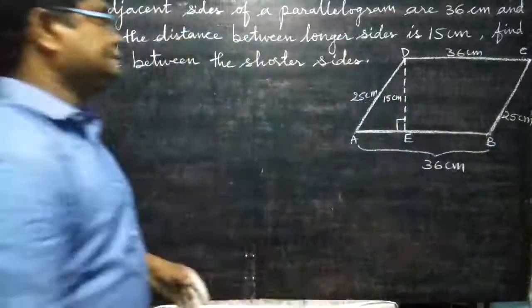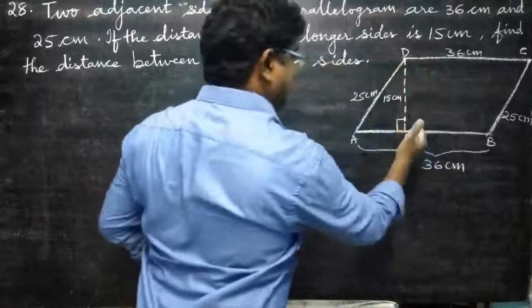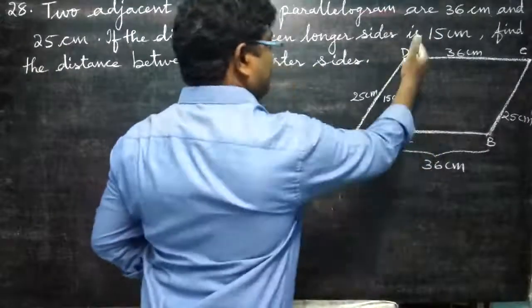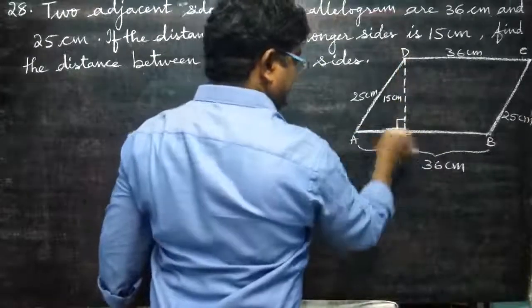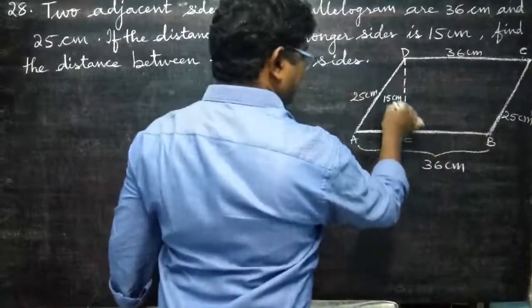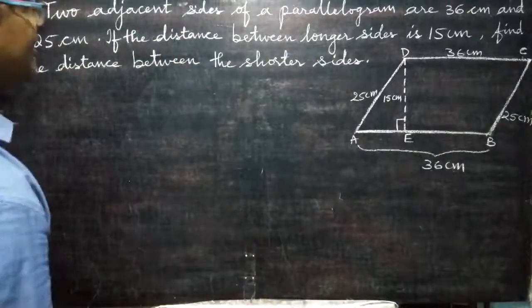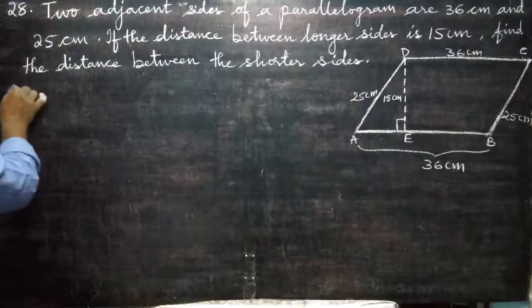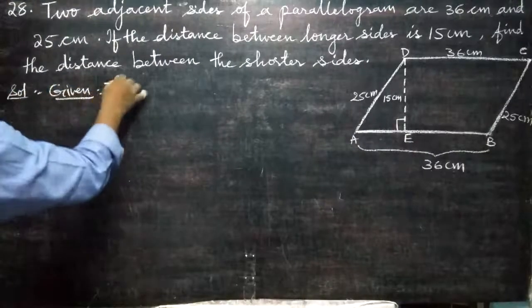That is the meaning. And the distance between the longer sides, how to know? Distance means height. Height means altitude. If you draw a perpendicular only, the correct height comes. So DE is perpendicular to AB, 15 centimeters. That is the explanation of the figure. Solution. Given. What is given?